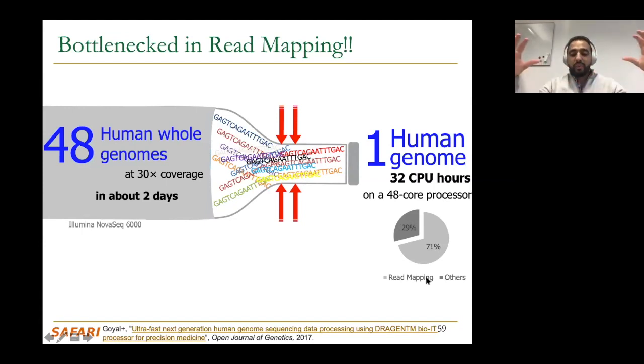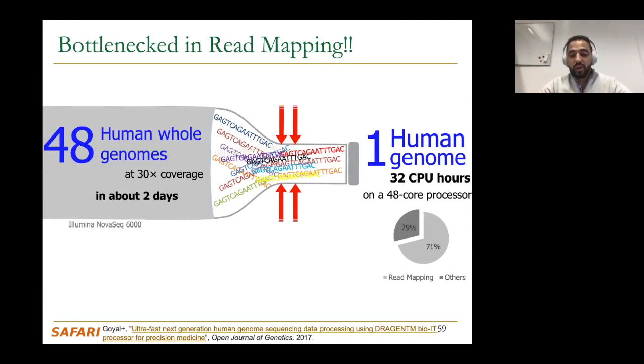The pipeline for genome analysis has many steps, and one of the early steps is read mapping, which is puzzle solving. After you solve this puzzle, your job is not done, because you still need to infer where the differences are in the puzzle compared to the reference picture. These steps can take only up to 29%.